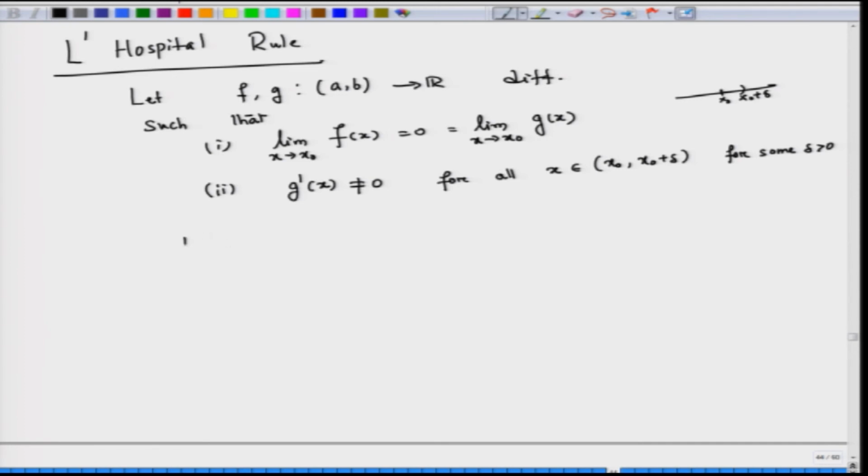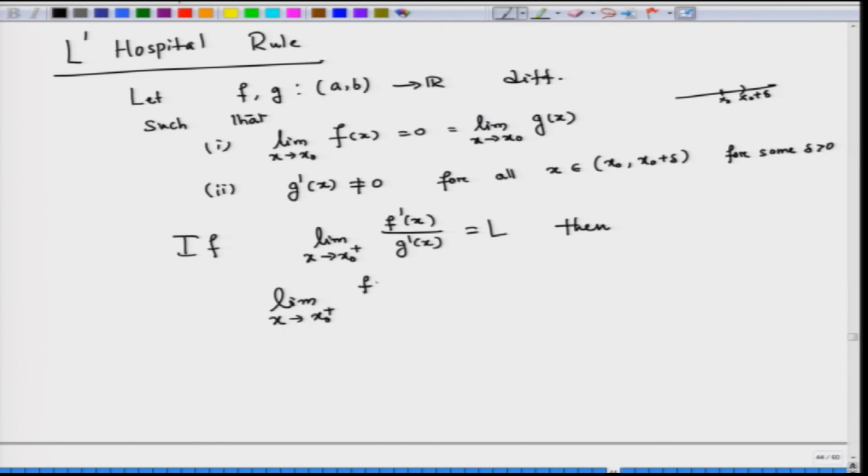Now, if limit x goes to x naught plus of f prime of x by g prime of x exists and is equal to L, then this will also be equal to L.